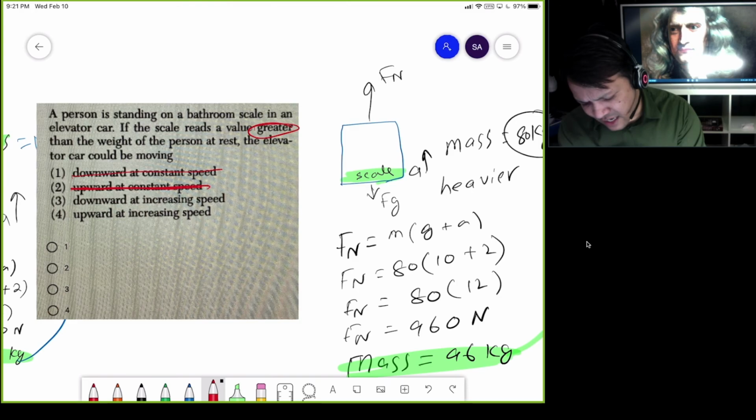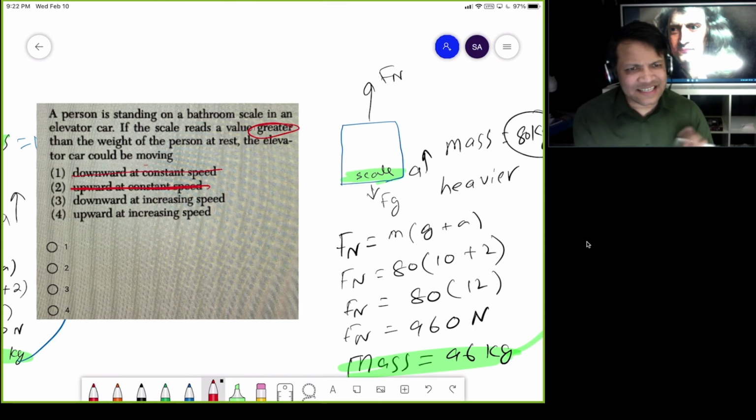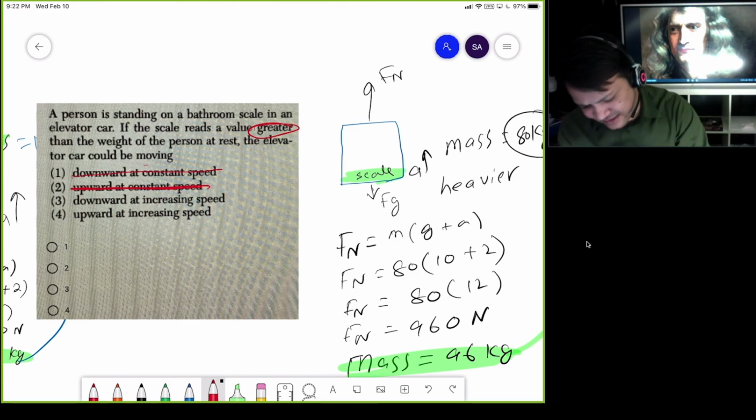Now downward: the elevator car could be moving downward, increasing speed. Moving downward with increasing speed means accelerating downward, and accelerating downward means lighter.